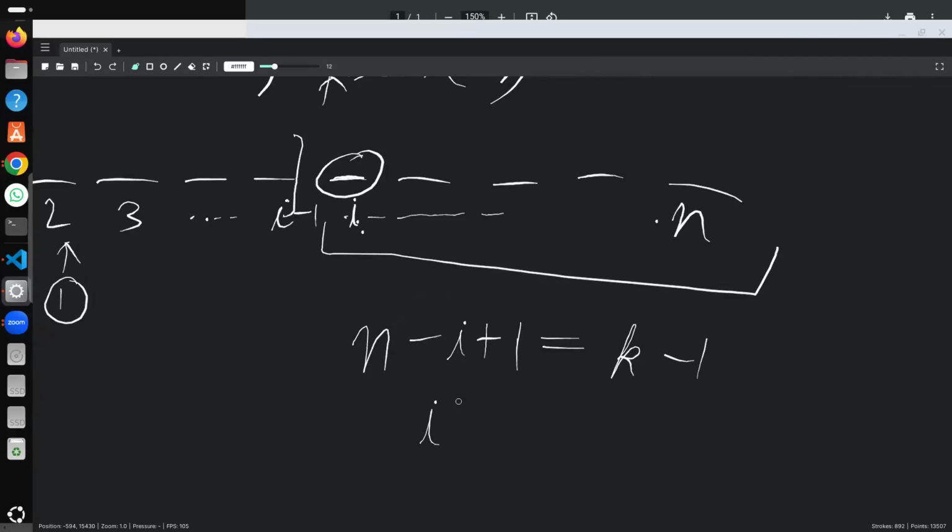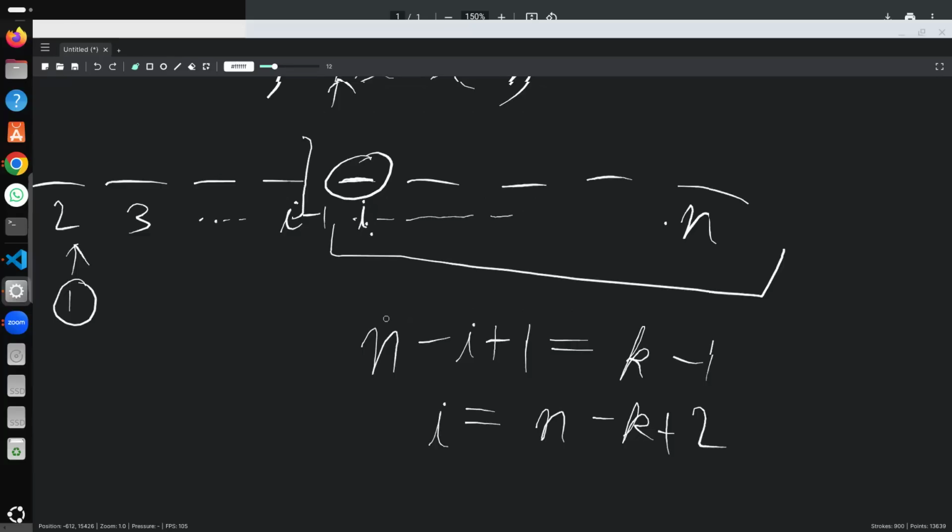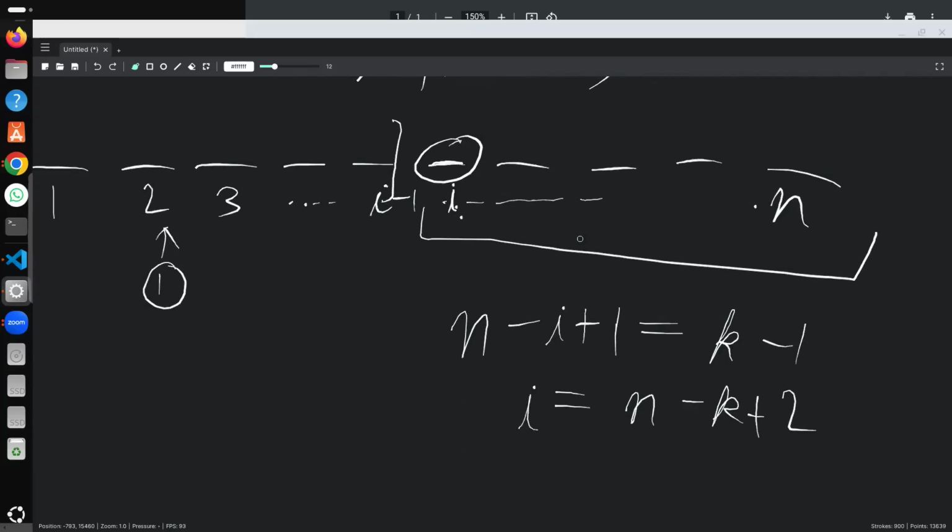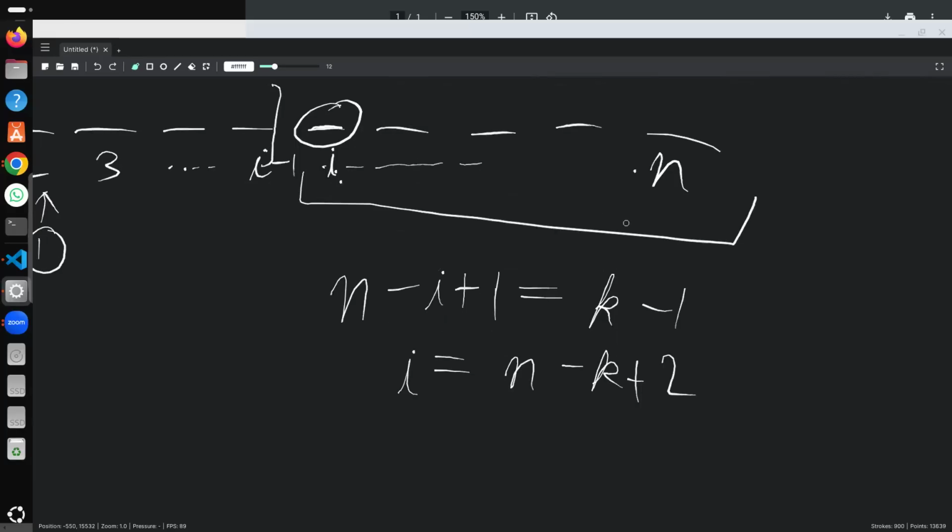So from here you get I equal to n minus k plus two. This is in one indexing, since I took the array as 1, 2, 3 up to n. So in zero indexing, we can take till n minus k plus 1.